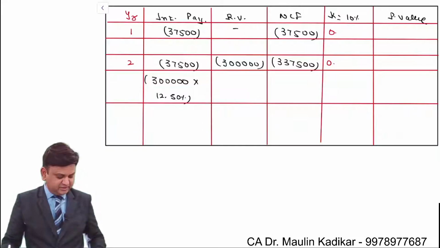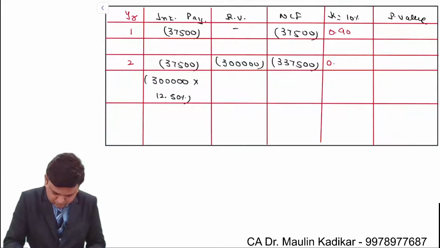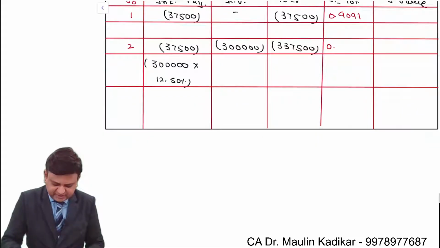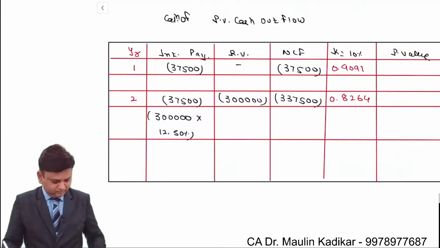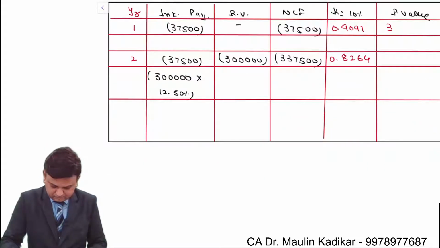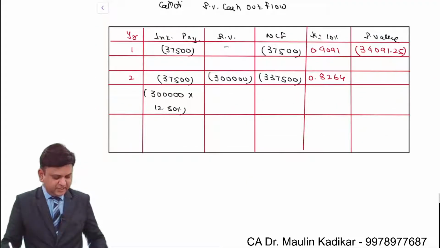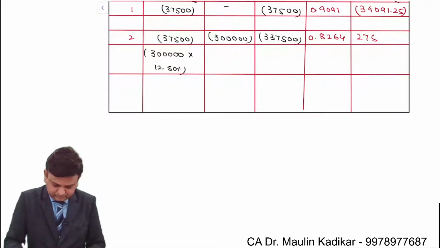So the 10% first year factor is 0.9091. Second year factor 0.8264. 37,500 into 0.9091 is 34,091.25. Then 3,37,500 into 0.8264 is 2,78,910.